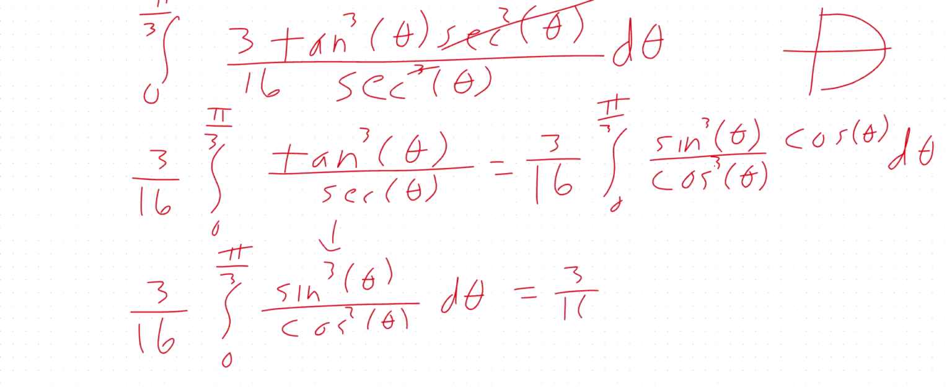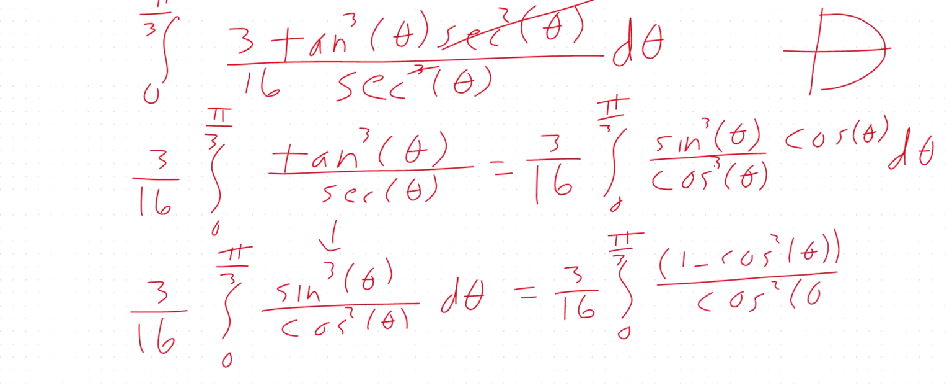And then sine squared is 1 minus cosine squared. And then we'll multiply that sine that's remaining out front.